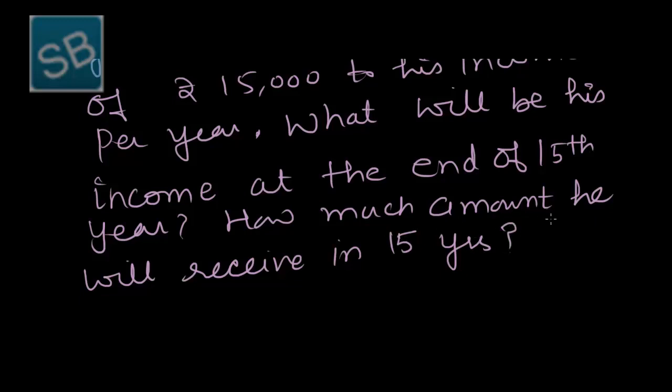We have the income of a person as 3,50,000 in the first year. The first year is the first term, that is A. And he received an increment of rupees 15,000, that is the difference of incomes of consecutive years, that is D. So we have to find his income at the end of 15th year, that is T15, and how much amount he will receive in 15 years, that is the total income, the sum of 15 terms.